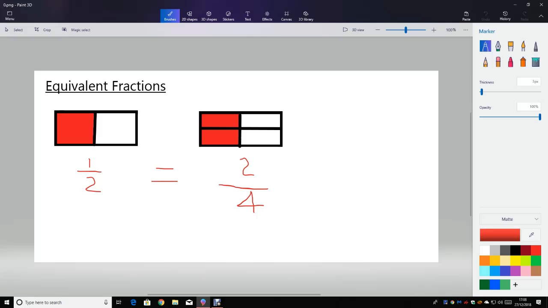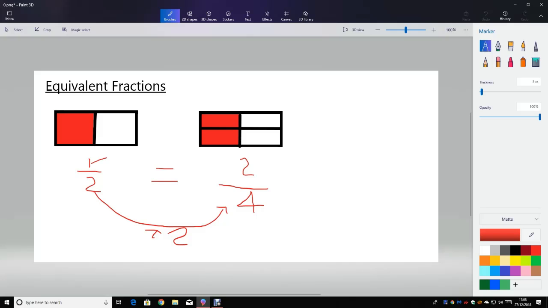Now let's look at the fractions half and 2/4 a little bit closer and the relationship between them. If we concentrate on the denominators, which is the 2 and the 4 here, if we multiply that denominator 2 by 2, we get 2 times 2 is equal to 4. Now let's concentrate on the numerators, which is the 1 and the 2 here.